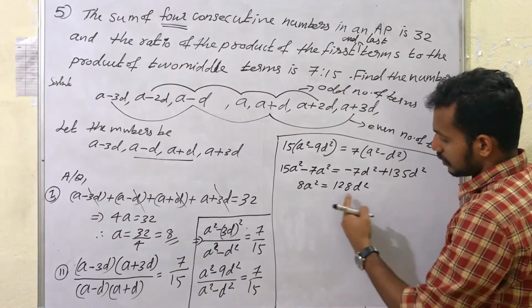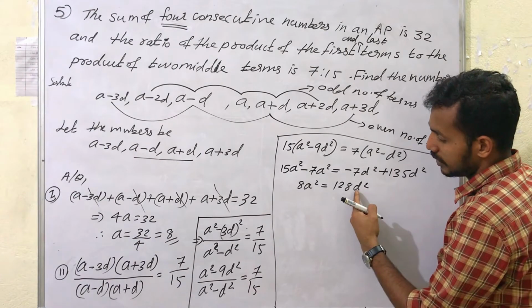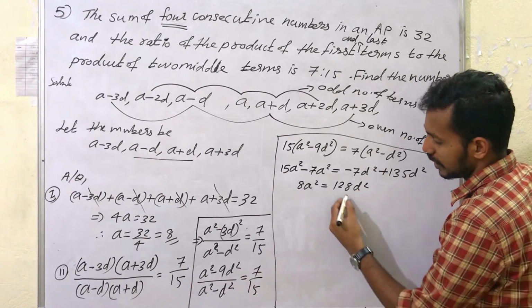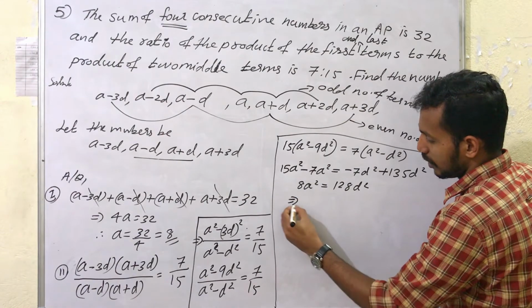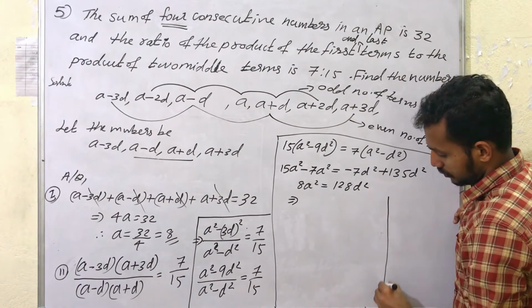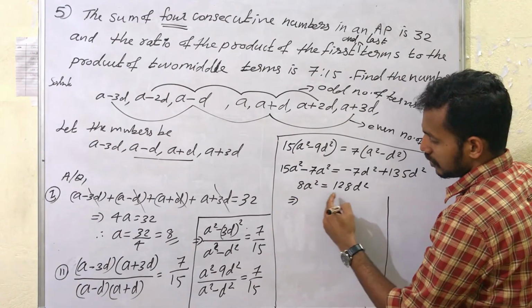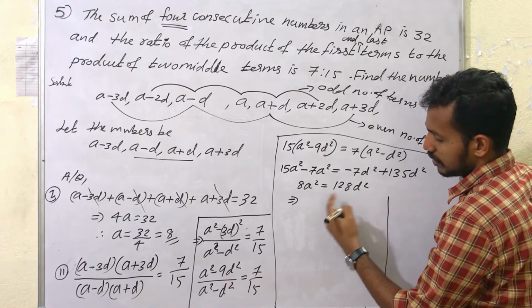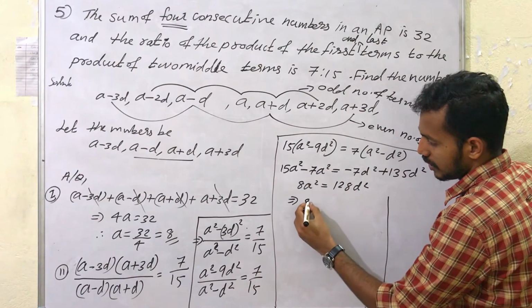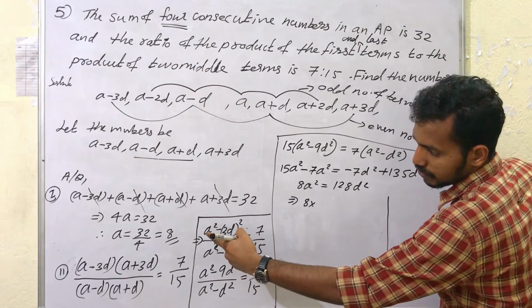Clear? Then what actually do we have to find? d we have to find. That implies 128 taken to the right side, will be 8 into a square, where a is 8.